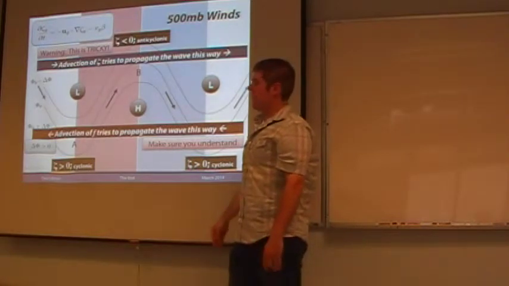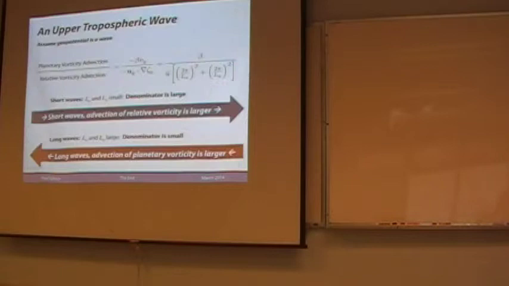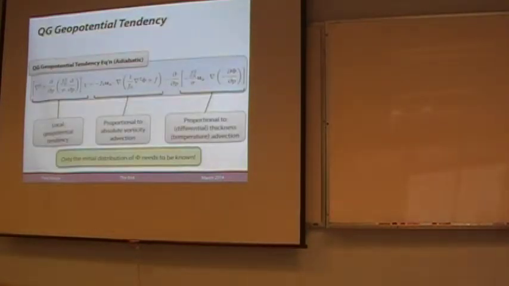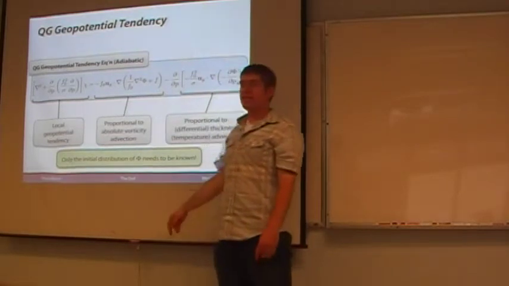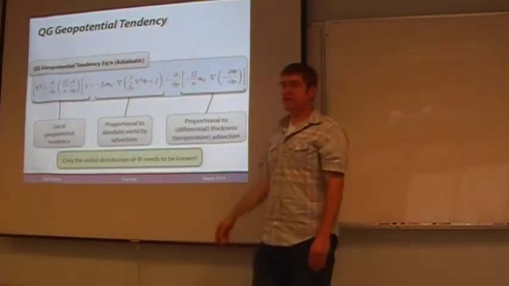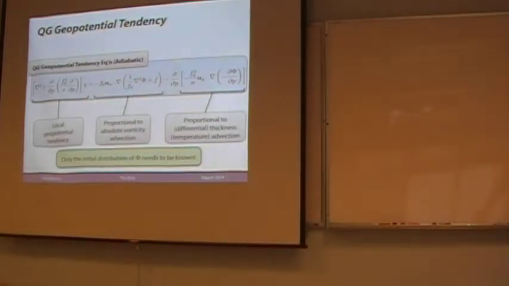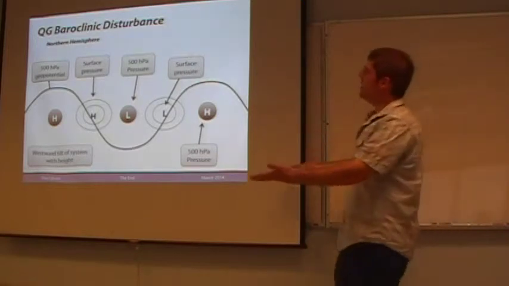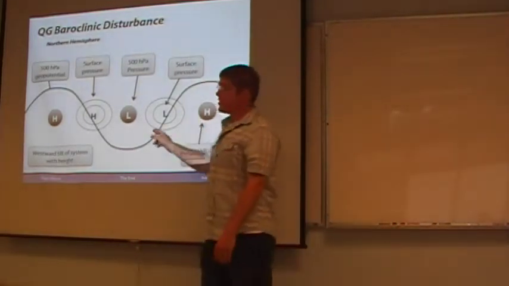So remember that. Hint, hint. Mathematically, this term is 0 at the crest and trough of the wave. This term is large at the crest and trough of the wave.